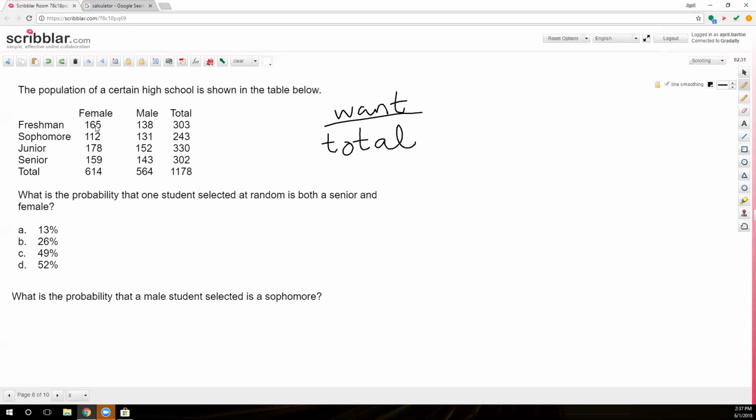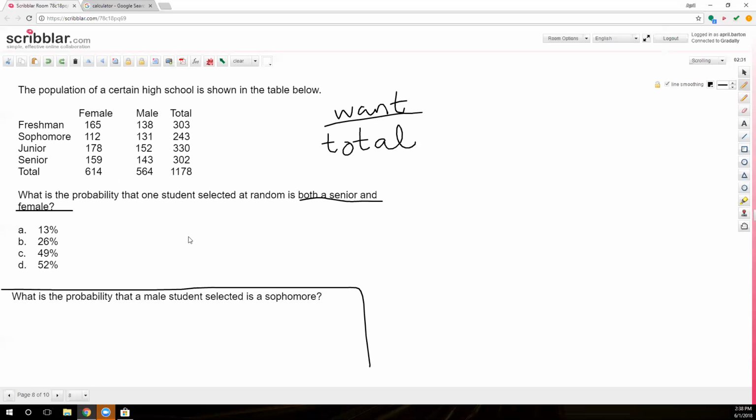There are 165 female freshmen, or 138 male freshmen, or there's 303 total freshmen. So we can see that the entire table just has a lot of different information for every category we can think of at that school.